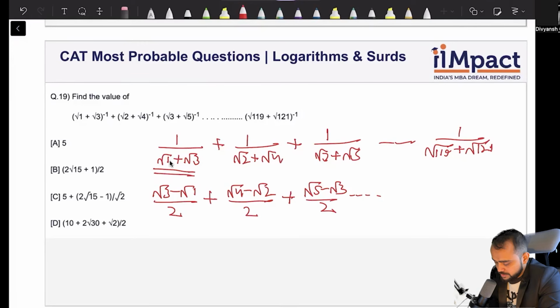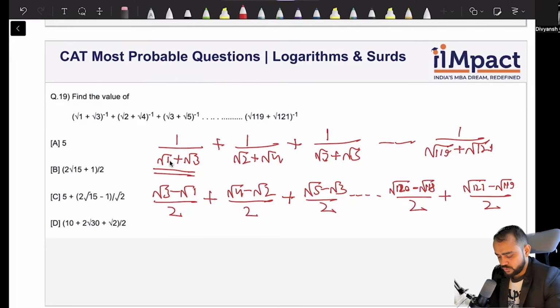The last few terms will be root 121 minus root 119 by 2, and before that I will have root 120 minus root 118 divided by 2. Now this 3 will cancel with this 3. The coming 4 will cancel with the 4 there. The 5 will cancel with the coming 5 there.